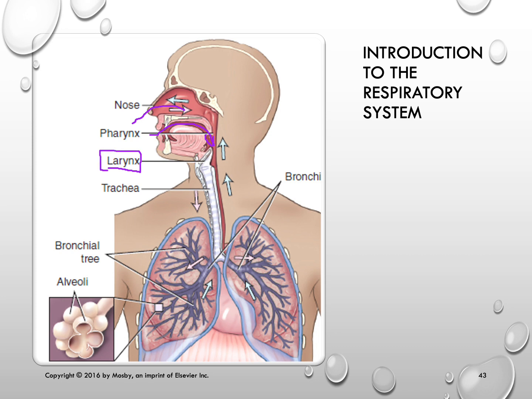Okay, now air is going to travel into the nose or mouth, down the pharynx, and between the vocal cords of the larynx, which we said is the voice box. From there, it's going to go down this long cartilaginous tube called the trachea.